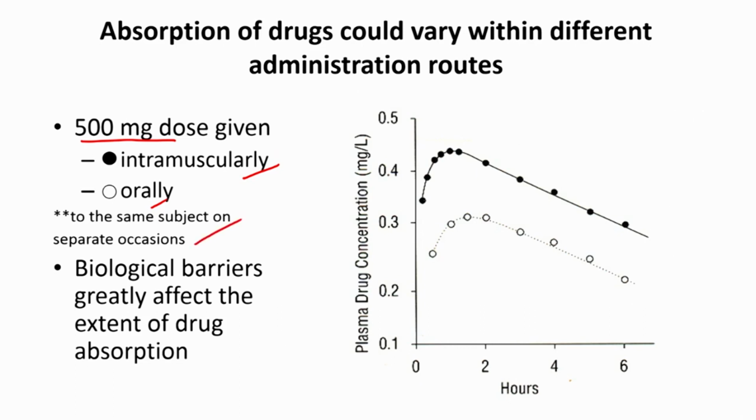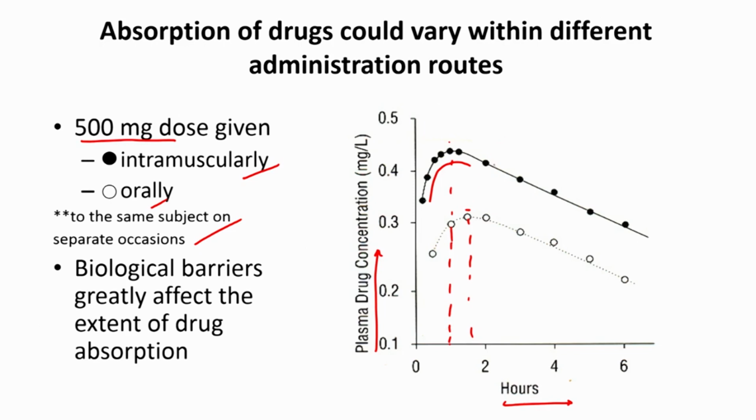The plasma concentration of the drug is reported here with time, and when you give it intramuscularly, you get a very high plasma concentration, and the peak is also a little earlier than when you give it orally. So this is the peak for oral, and this is the peak for intramuscular.